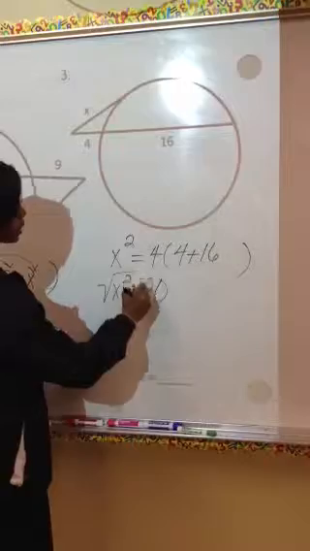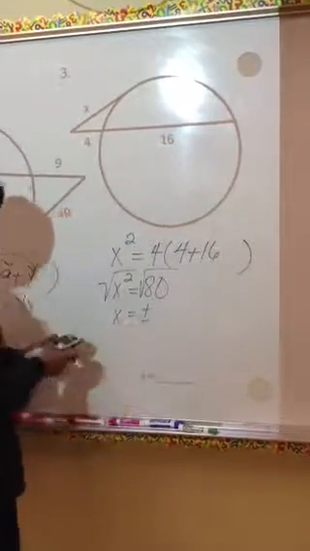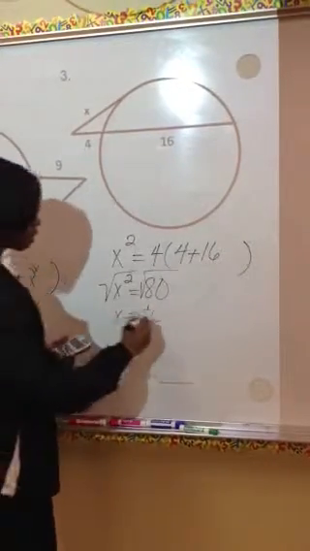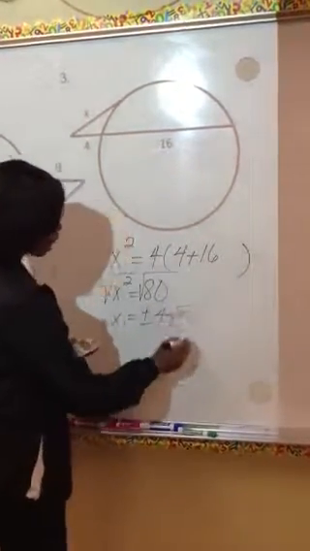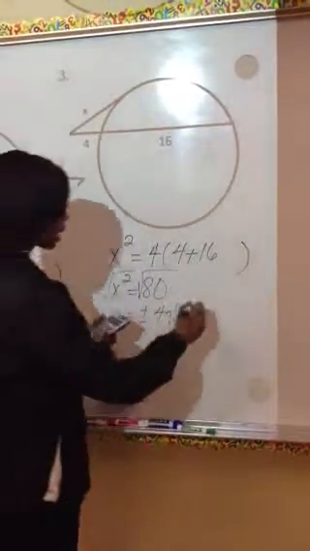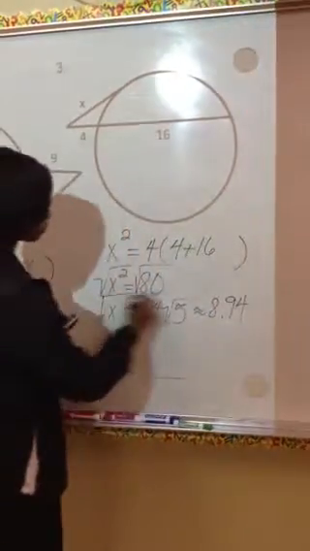Take the square root of both sides. They give us x equal both the positive and negative of the square root of 80, which is 4 square root of 5, which is approximately, press your SD key, and that is 8.94 hundredths.